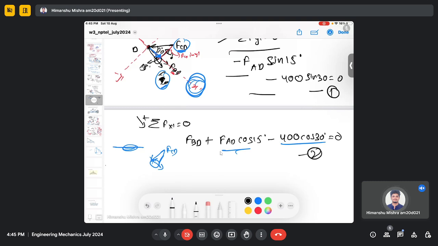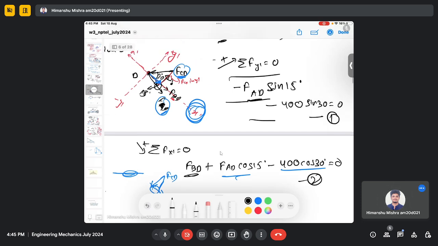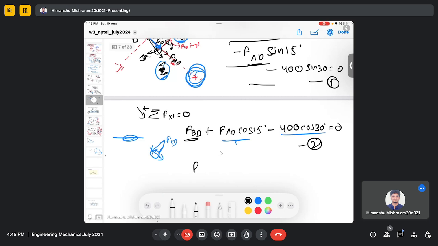So this is our equation 2. Here the unknowns are FAD and FBD. FAD you can get from equation 1: FAD sine 15 equals 200.